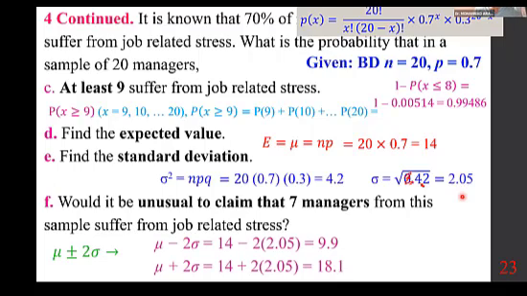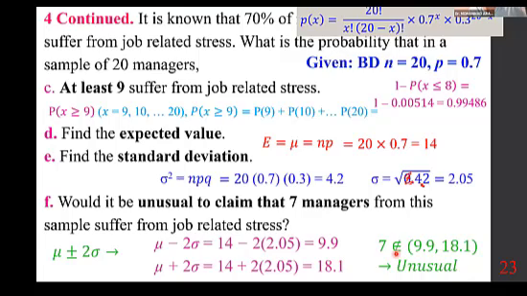So we go from 9.9 to 18.1. This is the usual range according to this range rule of thumb, as you remember. Is 7 in between? If the answer is yes, it is usual. If no, it's unusual. As you can see, 7 doesn't belong there.